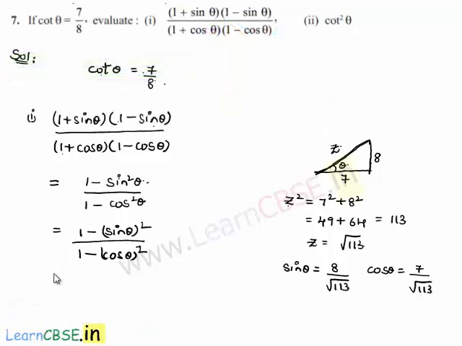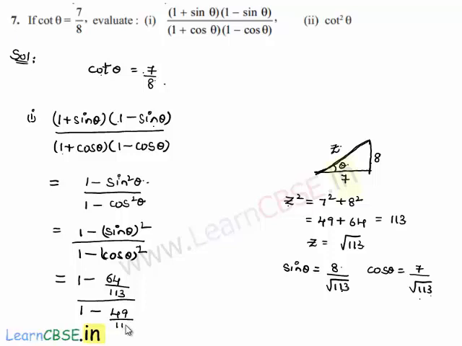So 1 minus sin square theta, that is 1 minus 8 by root of 113 whole square, that is 1 minus 64 by 113, divided by 1 minus cos square theta, that is 1 minus 7 by root 113 whole square, that is 1 minus 49 by 113.